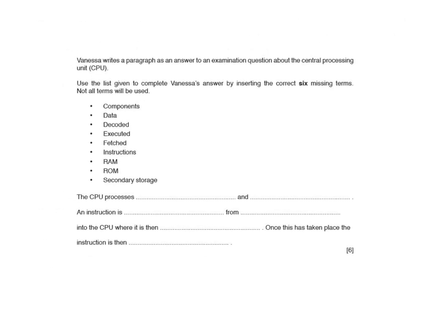Okay, so the CPU processes. What have we got here? We've got data and instructions. Oh, okay. So data and instructions. This is perfect to add to your note.